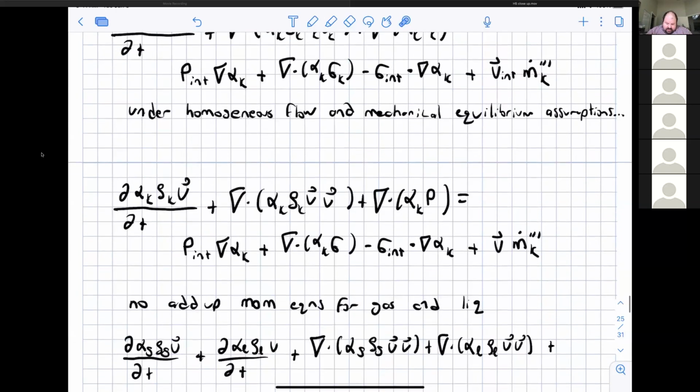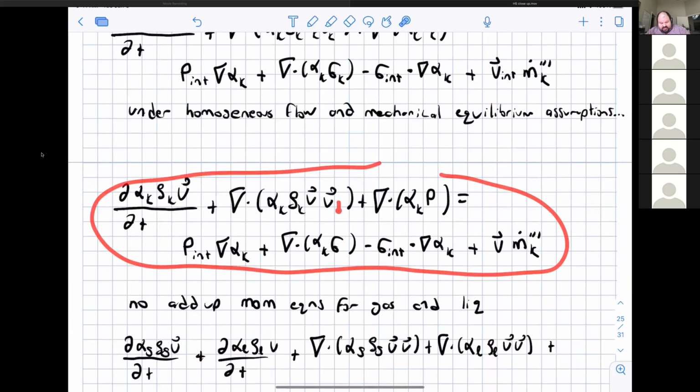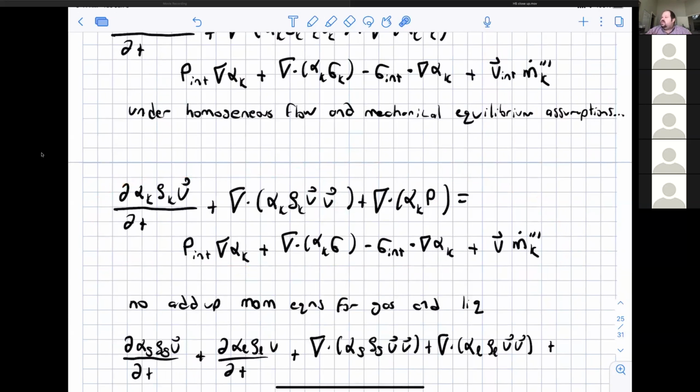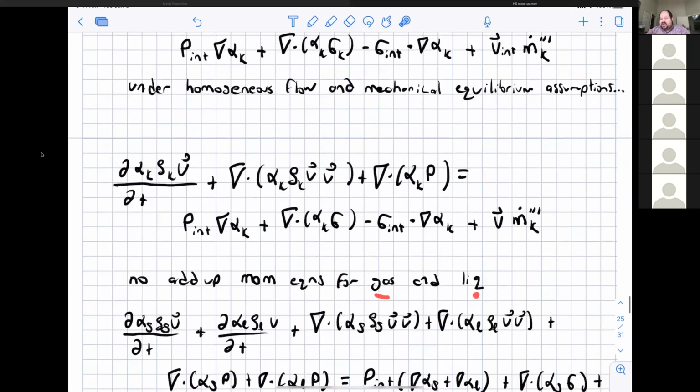Okay. Under these assumptions, we can basically just strip off the subscript k's, which is all I did. I just copied and pasted this and deleted them. So far this doesn't look like it helped very much. But now let's add up the momentum equation for gas and the liquid. I'm just going to assume two phases, but this extends arbitrarily; if you have 10 different phases, this also works.